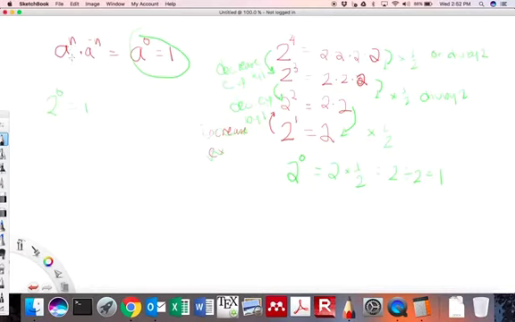But then what about this? If a to the n times a to the negative n is a to the 0, why does that even make sense?